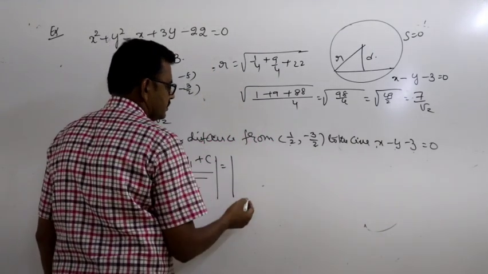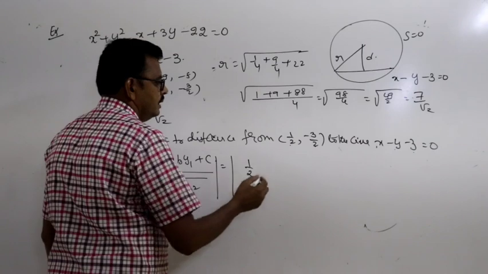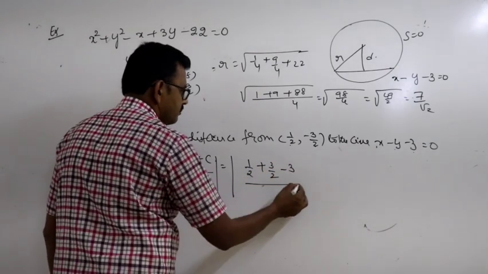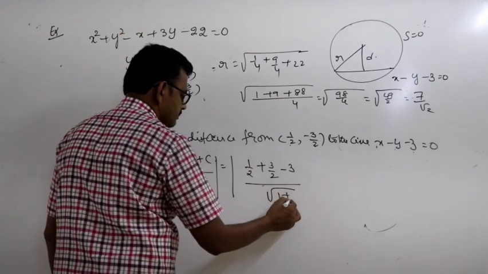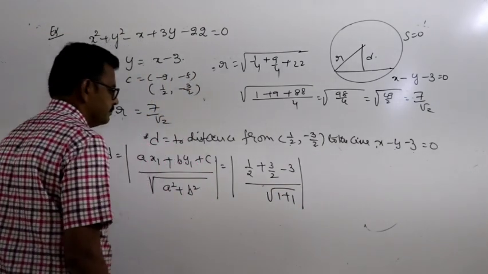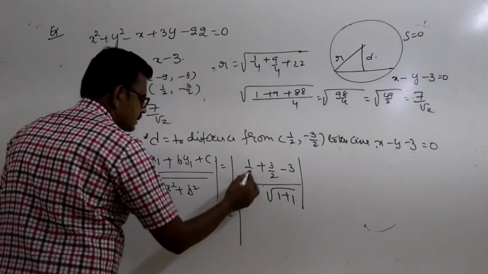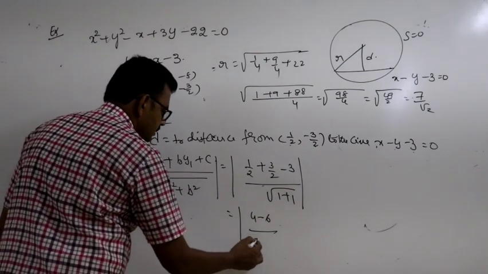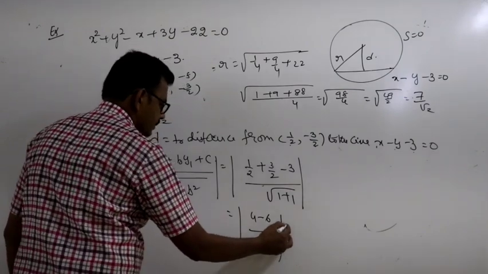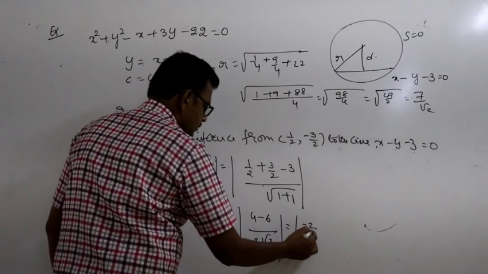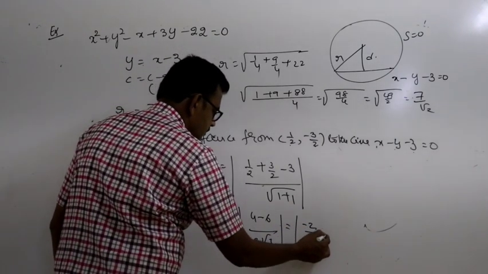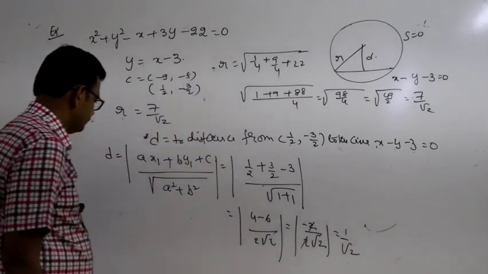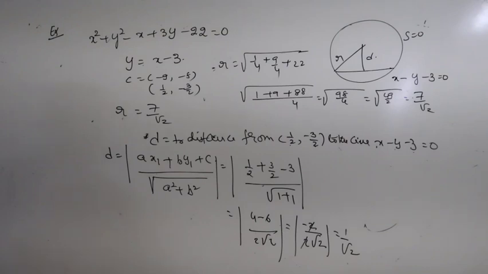So 1 by 2 into 1 plus 3 by 2 minus 3 by root of a square plus b square. That is equal to 4 minus 6 by 2 root 2, that is minus 2 by 2 root 2. So 2 gets cancelled, 1 by root 2. d is 1 by root 2.